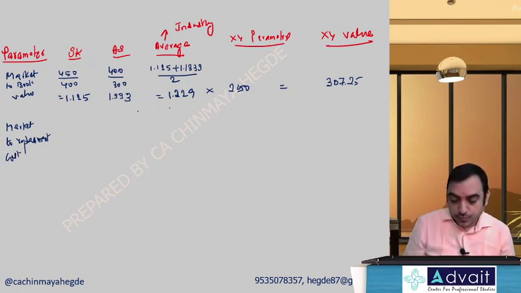Market to replacement cost. For SK Limited, market value 450, replacement cost 600, so 450 by 600, which is 0.75.